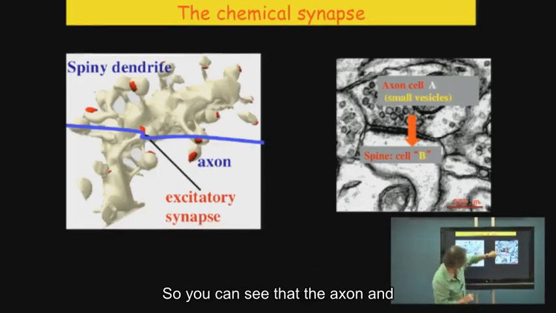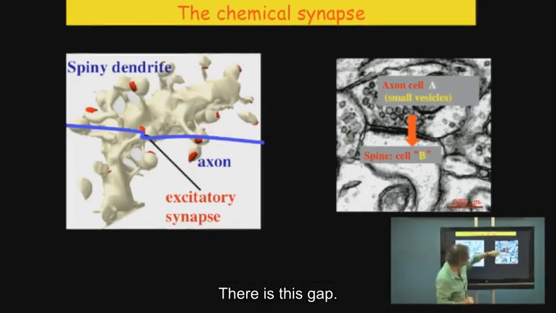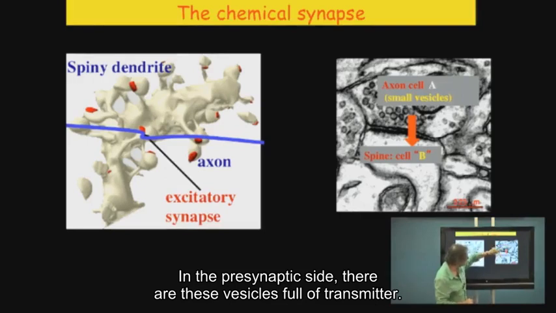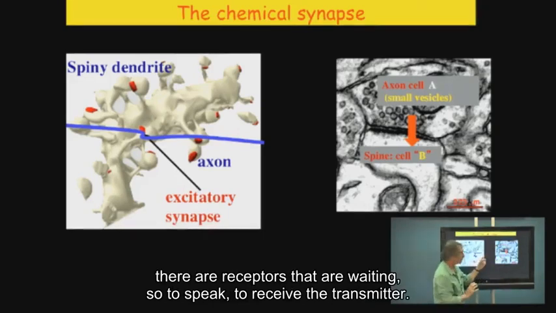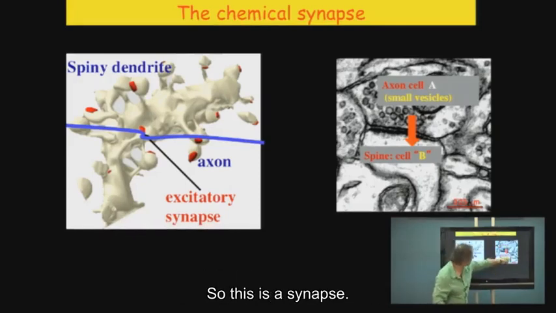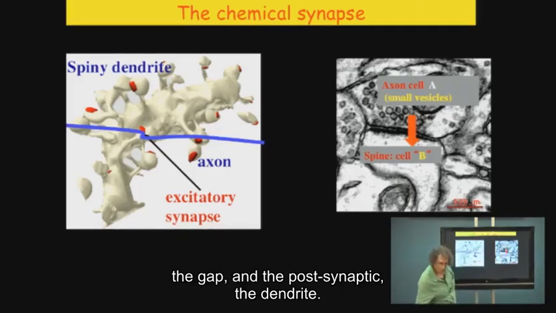So you can see that the axon and the dendrites do not touch physically each other. There is this gap. On the presynaptic side, there are these vesicles full of transmitter. On the postsynaptic side, the spine, there are receptors that are waiting, so to speak, to receive the transmitter. So this is a synapse. When I say a synapse, I mean these three parts: the presynaptic, the gap, and the postsynaptic dendrite.